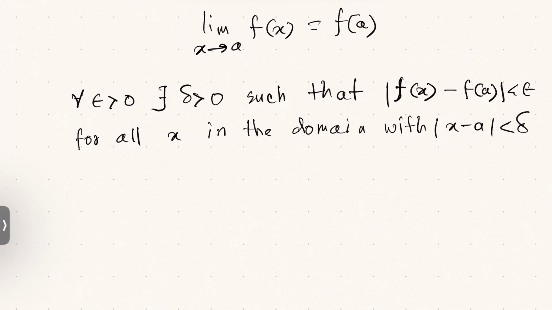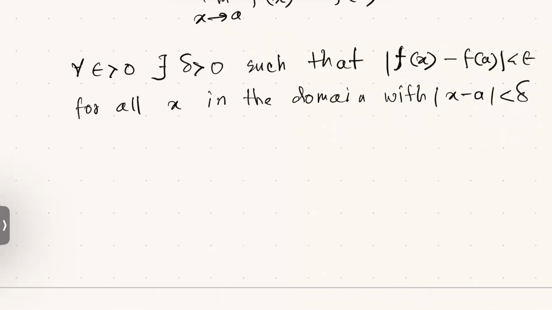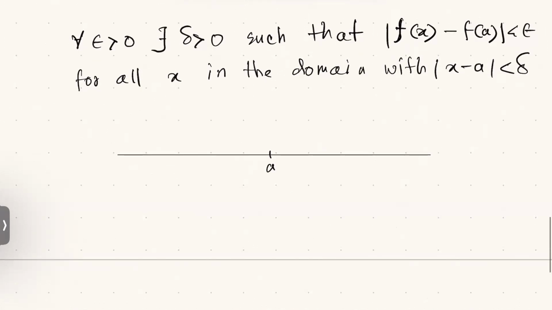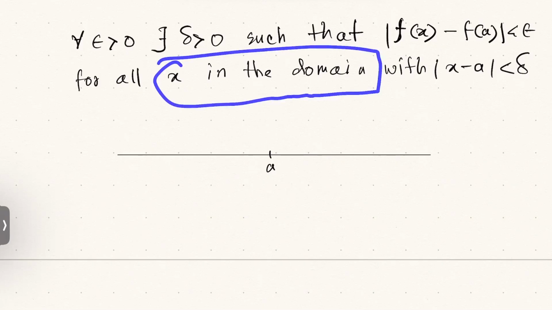But what do we actually mean by this definition? To understand this, let us consider the real line, and let a be this point. Now, what does this absolute value of x minus a less than delta mean? Or why am I considering this x in the domain?